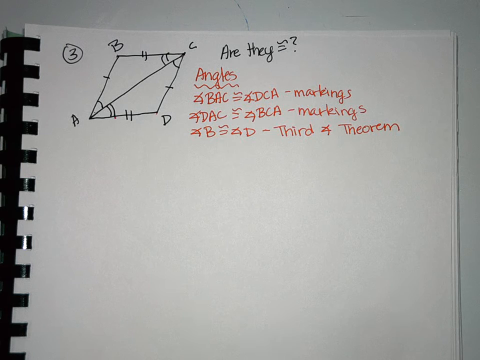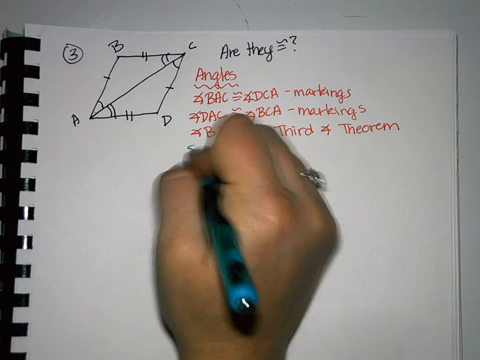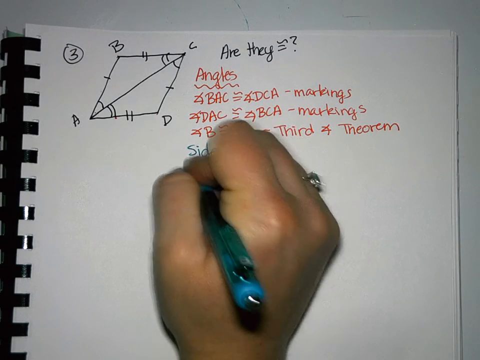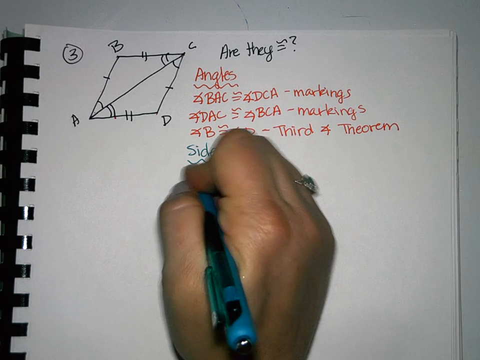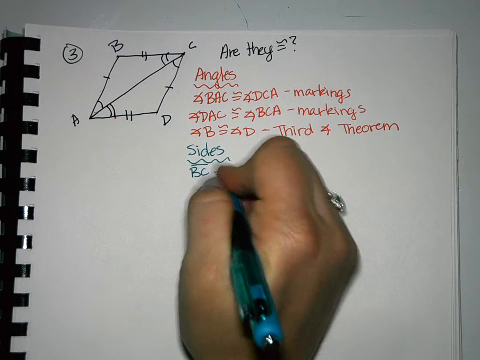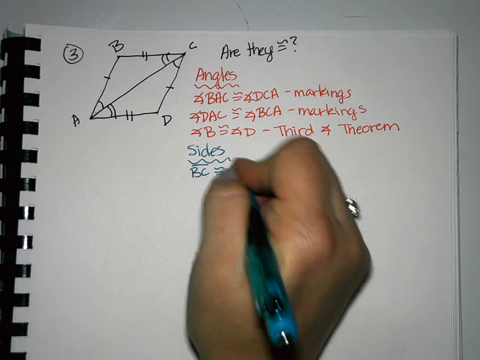So now let's look at the sides. Can we show all the sides are congruent? On this one, do we know anything about sides that might be the same length based on the markings in the picture? BC with AD. Okay, those both had 2 markings on them.